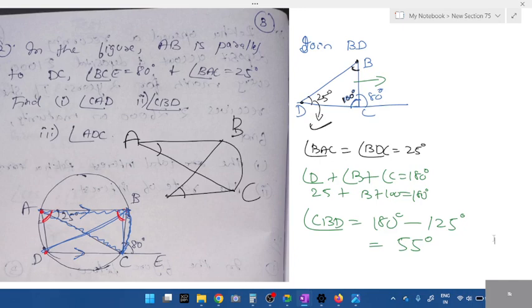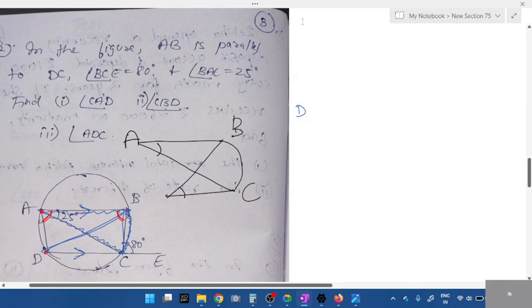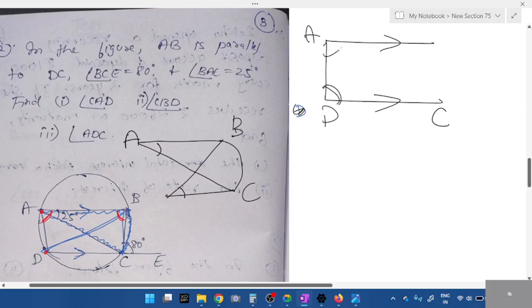All of you completed? Okay, now what's the next angle, students? What do you need to find? Tell me which one. ADC. Parallel line. Where are the parallel lines? Top and down. So which two angles are allied angles? Angle A plus angle D is equal to 180. What was angle A we got?